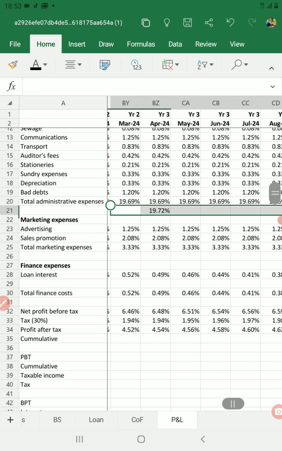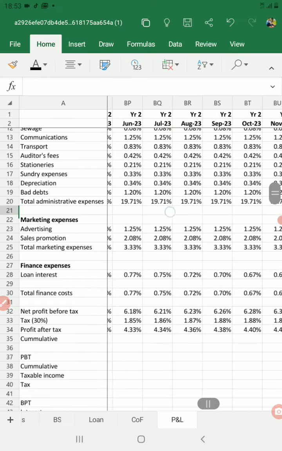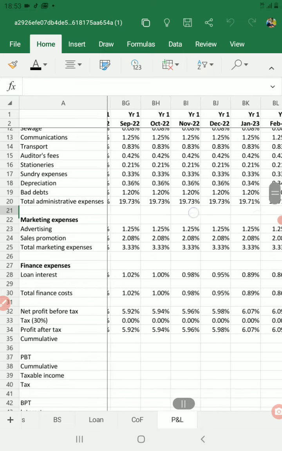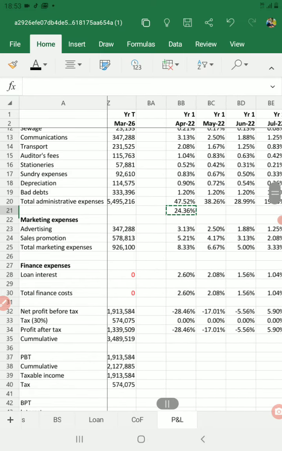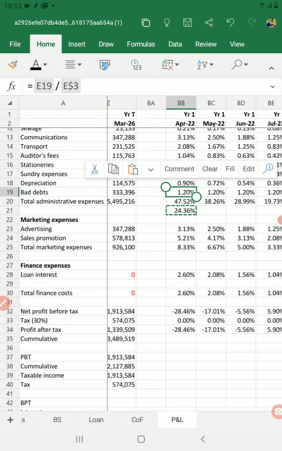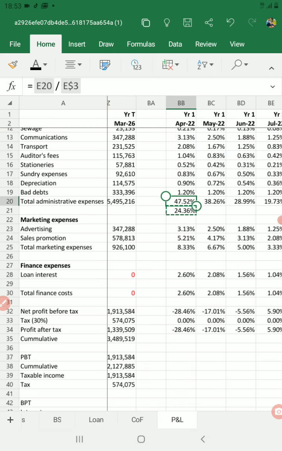that though the monthly positions for total administrative expenses vary, they start with a bigger figure, 47.52% of the sales in April.